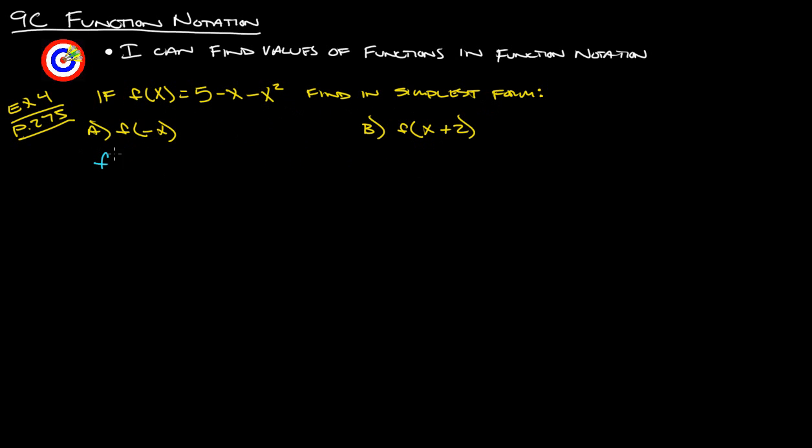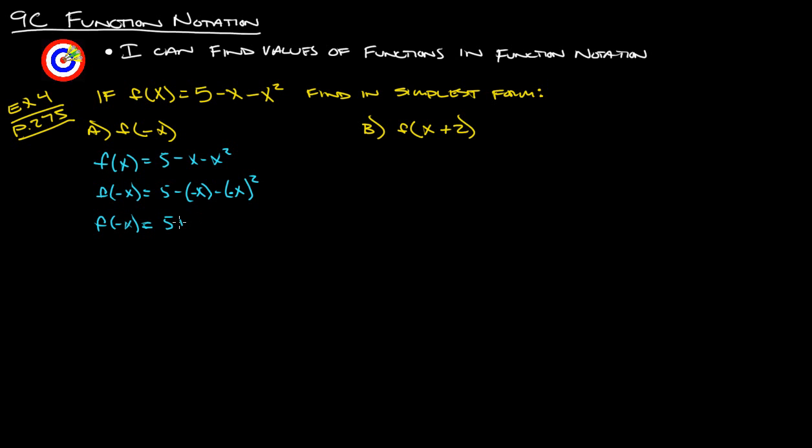So same thing, f of x we know is 5 minus x squared. So now we want to know what f of negative x is. Just like we did on the last set of examples, wherever we see x now goes negative x. Oops, negative x squared.